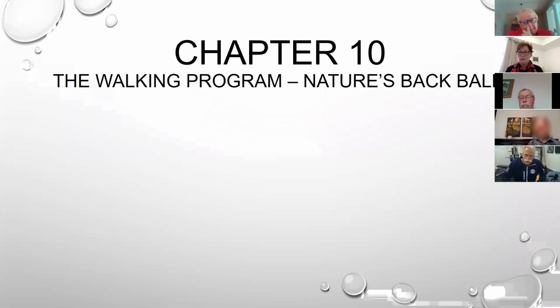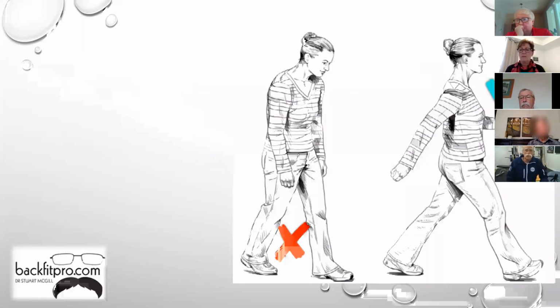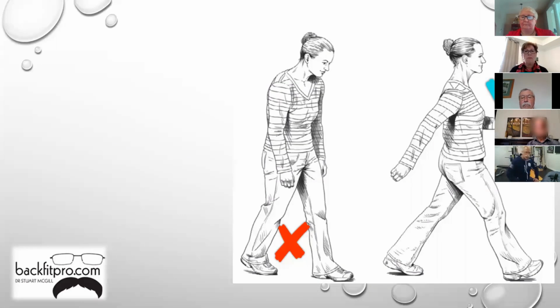Go to the neurology ward and find a child who's had a paralyzed quadratus lumborum on one side. What's the first thing they can't do? They can't even walk. That's how important core fitness and functioning is.